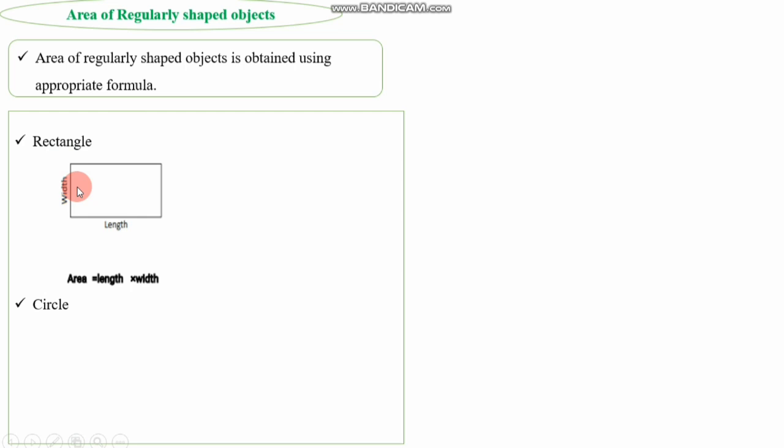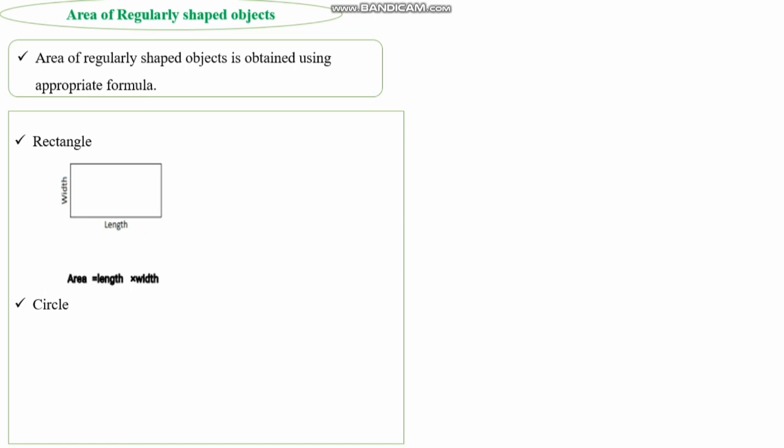A width is a special type of length. If you multiply the two, you find the area of the rectangle. You must also be careful with the units used. If you are asked to calculate the area of the rectangle and convert to the SI units, meaning if it was in centimeters, you calculate the area, then you convert to square meters.